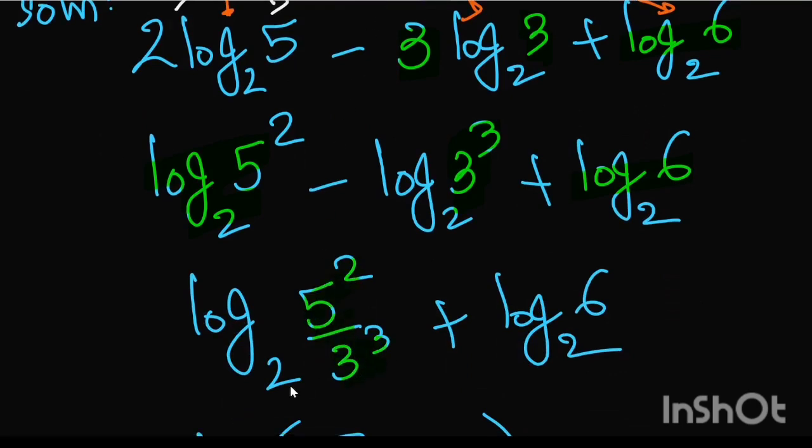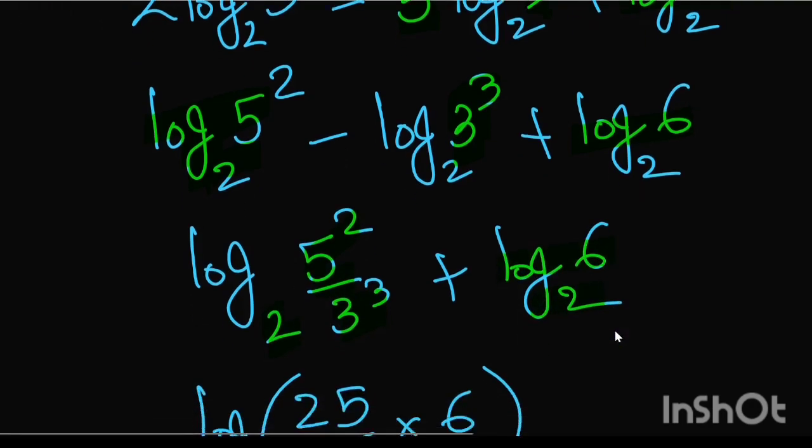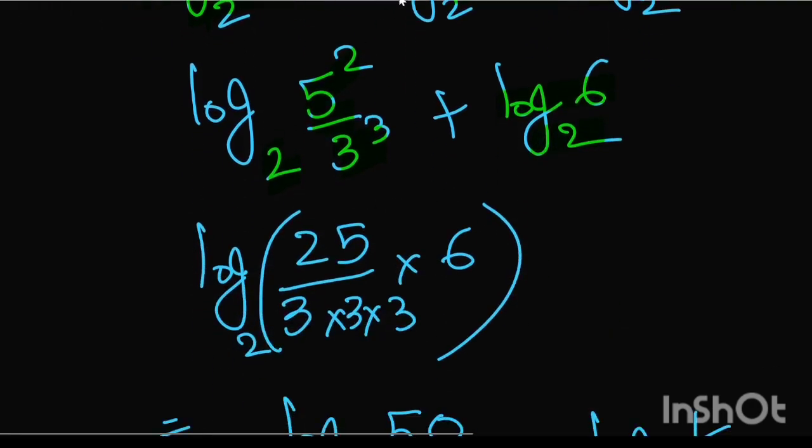So 3 cube will go down, base is the same here. This term is the same. Now using log of m plus log of n is log m into n, 5 square is written as 25 and 3 cube is written as 3 into 3 into 3, into 6.